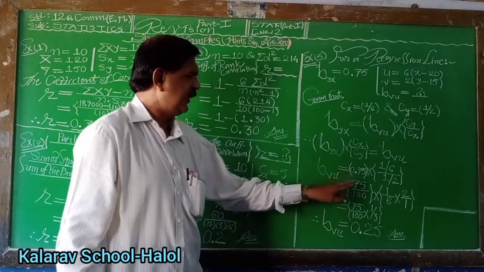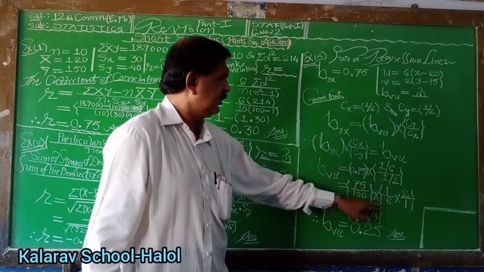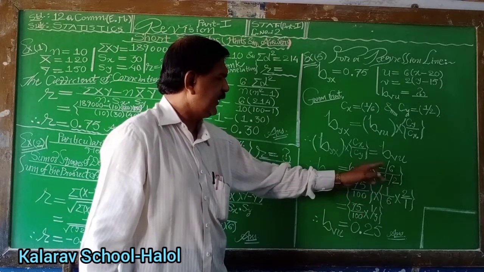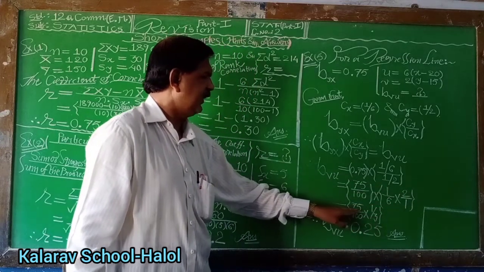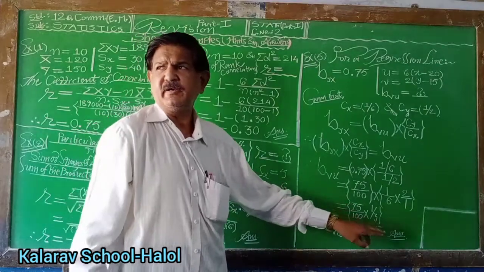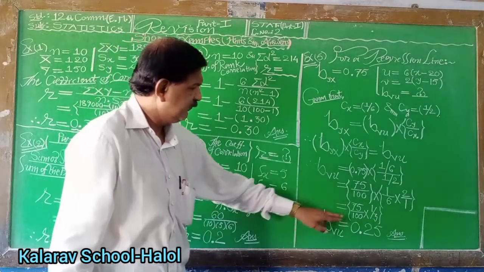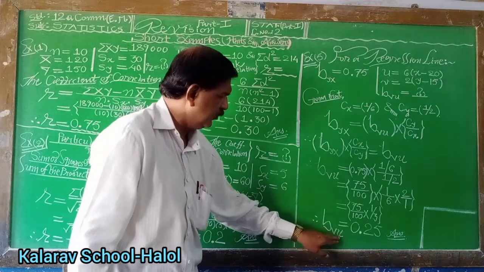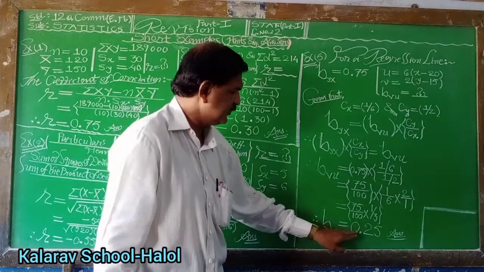Therefore, 0.75 means 75 by 100, into 1 upon 6. The denominator of the denominator becomes numerator, 2 by 1. 2 threes are 6 and 25 threes are 75. Therefore, 25 upon 100, which means 0.25. Therefore, after simplification, the final answer is Bvu equal to 0.25.